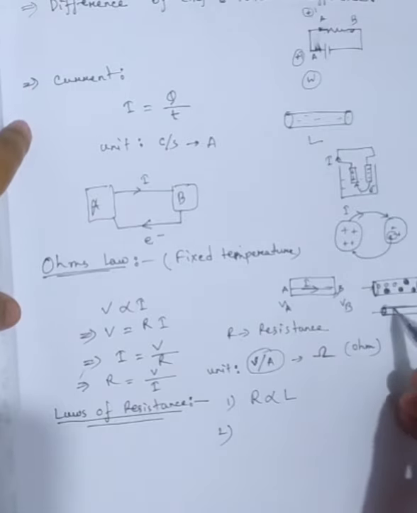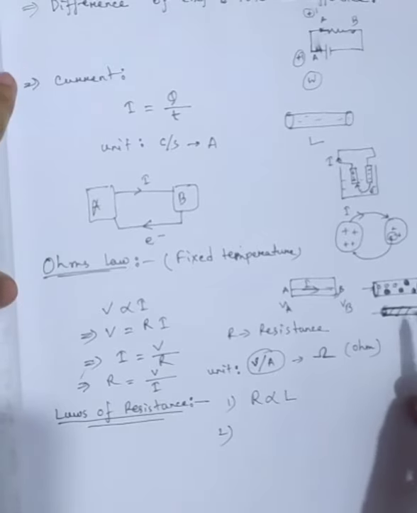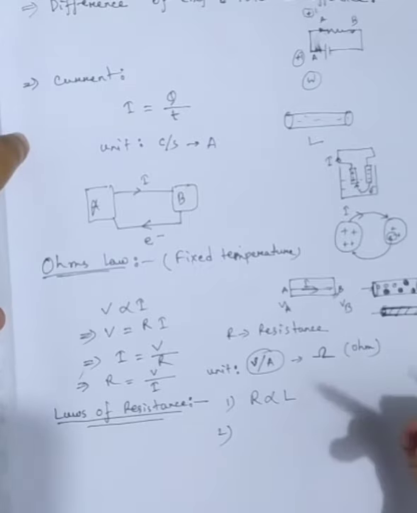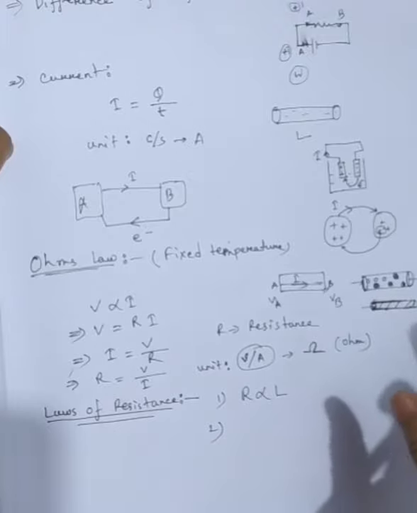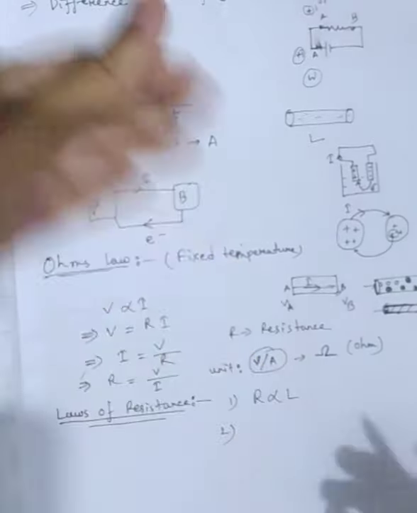So যদি একটা কন্ডাক্টরের ক্রস সেকশনাল এরিয়া অনেক সরু হয়, ছোট হয়, on that case এর মধ্য দিয়ে চার্জগুলো ফ্লো হওয়ার সময় বাধা বেশি পাবে. সো ক্রস সেকশনাল এরিয়া যত বড় হবে, রেজিস্ট্যান্সের মান কিন্তু they are inversely proportional.